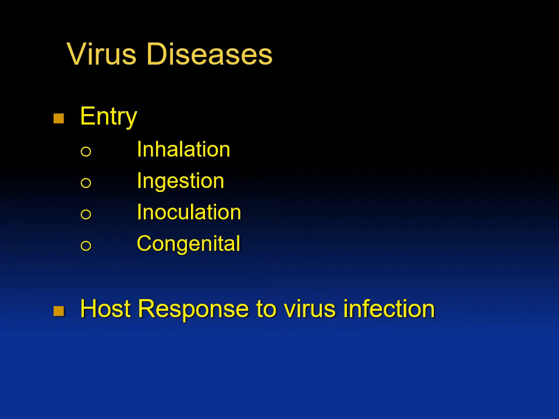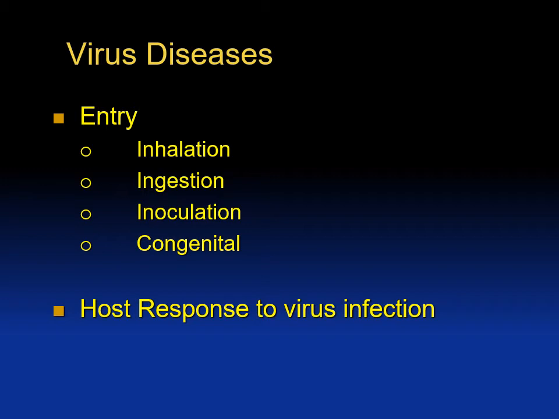Now, one of the things which we know is that viruses usually cause diseases, and in order for them to cause diseases, they ought to be able to enter into our systems. There are different ways for the viruses to enter into our body.